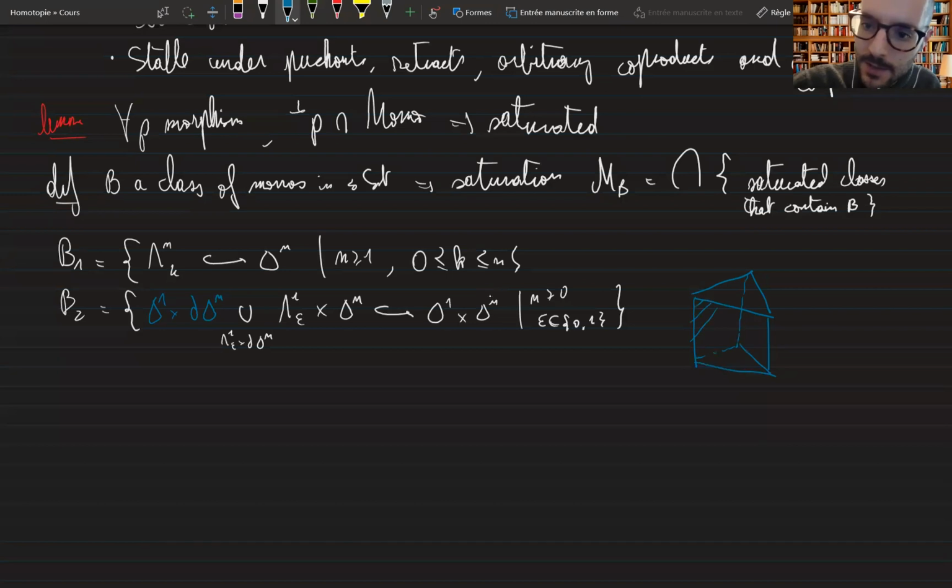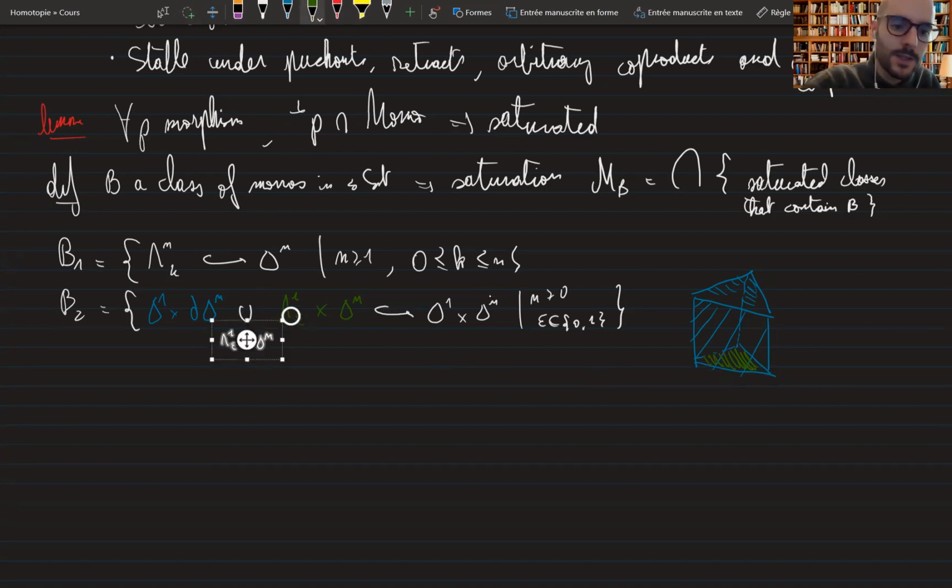It contains the front face and the two back faces, but not the interior. Then you have this part here, which I will draw in green. It depends which epsilon you choose, but it's either the bottom face or the top face, and you glue it along the common part, which maybe I draw in red. It's this part here.